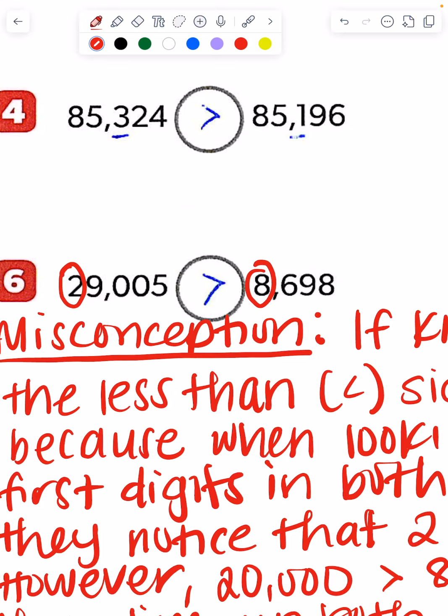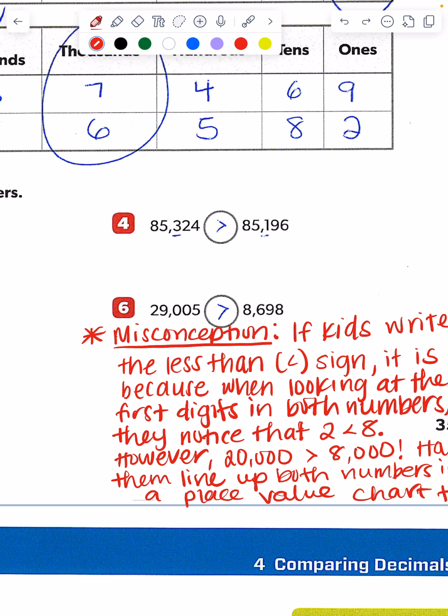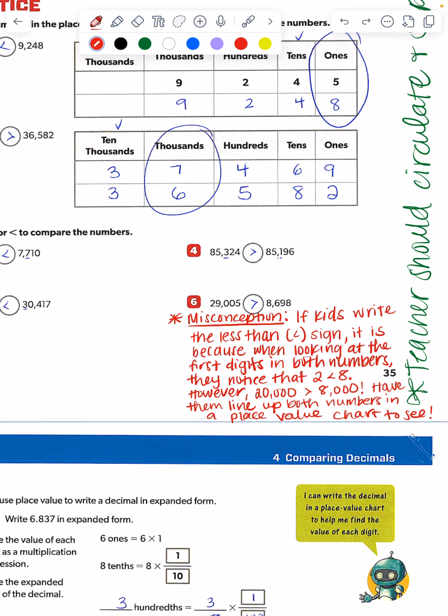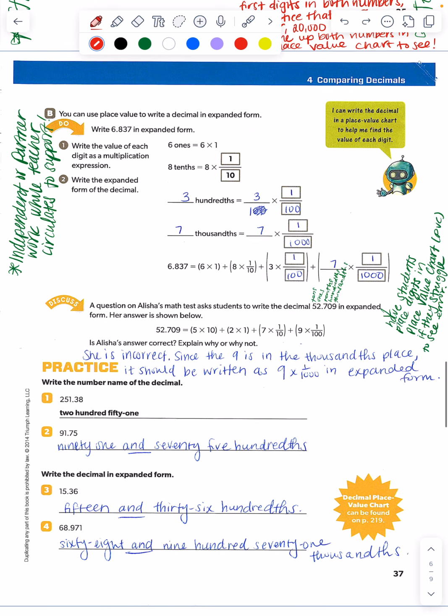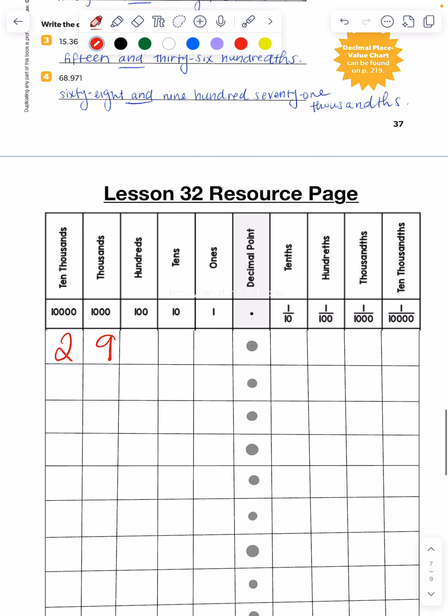So I know that 2 is less than 8. So I'm going to put the less than sign. That is actually a misconception. Students are not understanding place value if they put the less than sign, okay? What you can have them do is utilize this resource page and literally plug the number into the place value chart and see which number is greater.